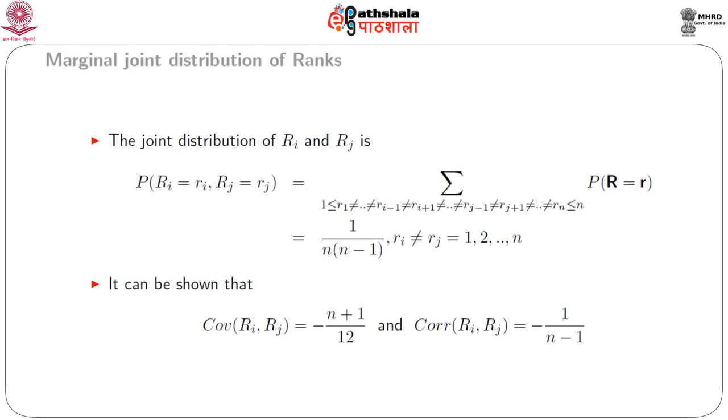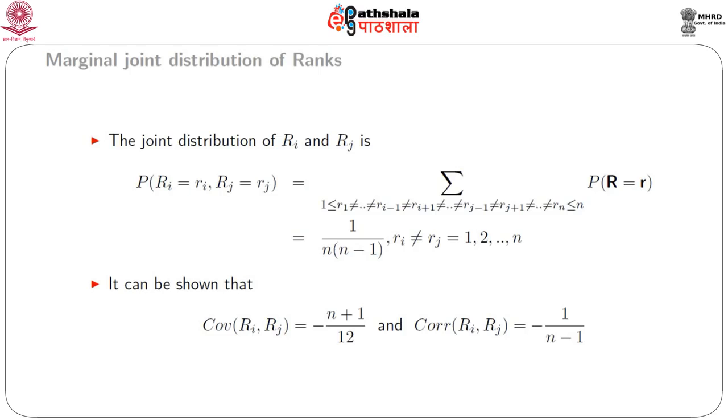Now, using some routine algebra, it can be shown that the covariance between Ri and Rj is minus n plus 1 by 12, and hence the correlation coefficient between Ri and Rj is nothing but minus 1 by n minus 1. It is interesting to observe that the correlation coefficient between Ri and Rj is negative. So, what is the reason?